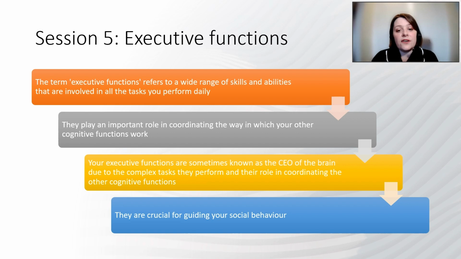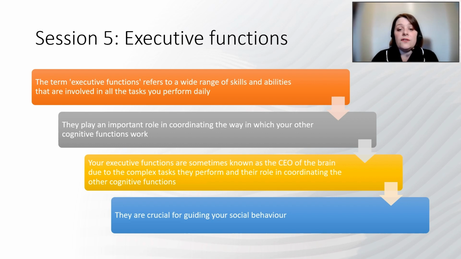These executive functions also play an important role in coordinating the way other cognitive functions work. The reason that we refer to executive functions as the CEO of the brain is due to the complex tasks that they are able to oversee and perform, and due to that role in coordinating those cognitive functions.